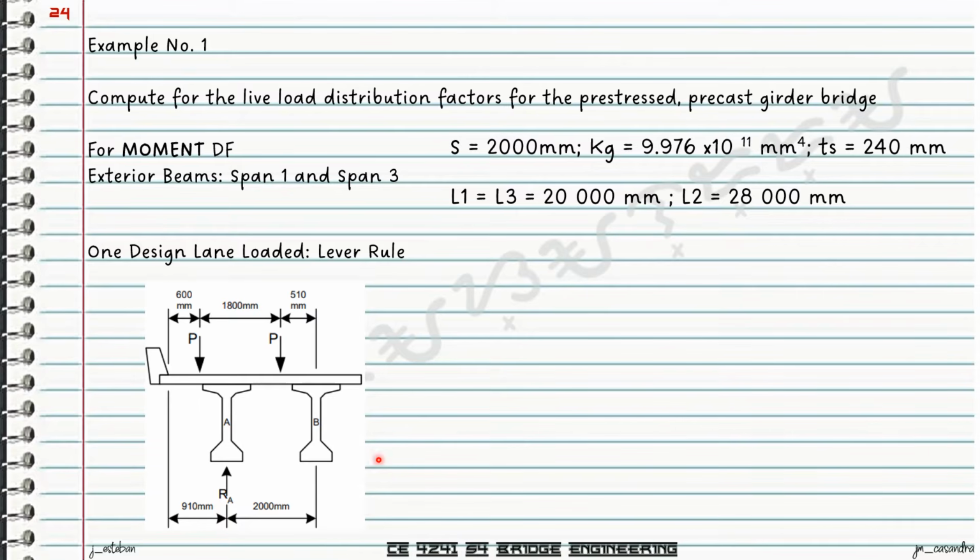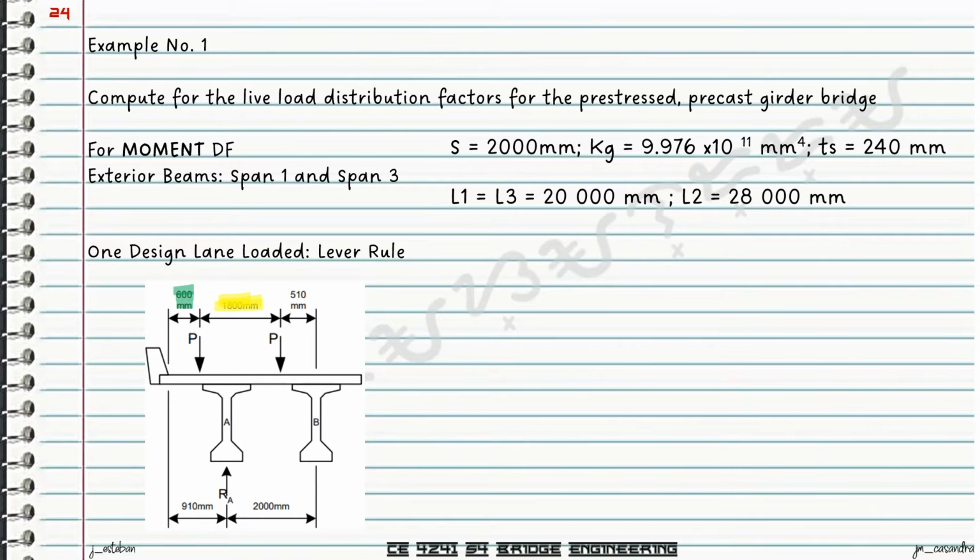So for English system, this 600 millimeters will be equal to 2 feet. In this case, for metric system, our constant values now will be distance between the wheels is 1,800 millimeters and the distance of the exterior wheel to the edge of the lane is 600 millimeters.